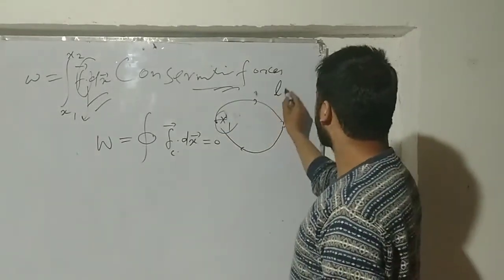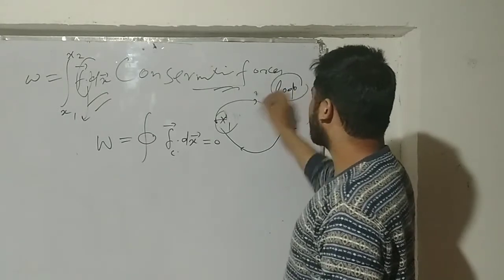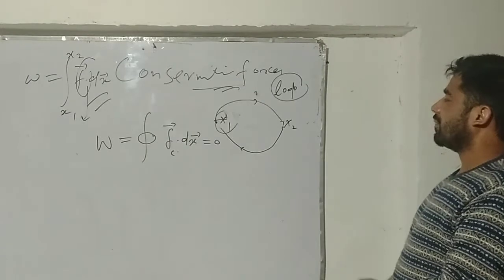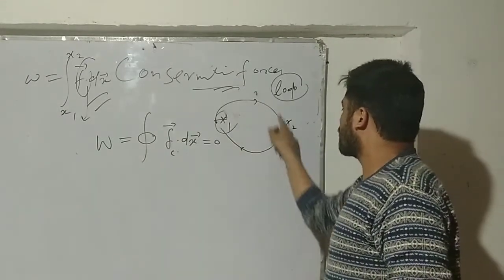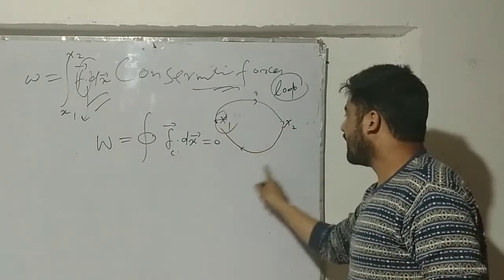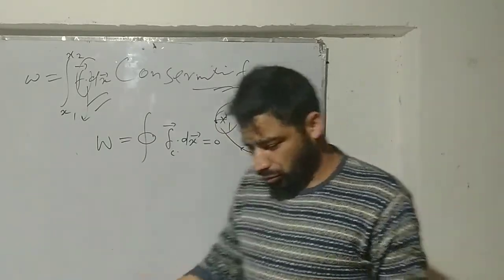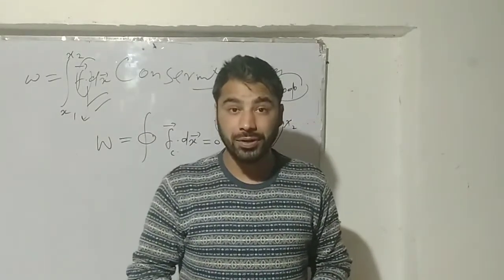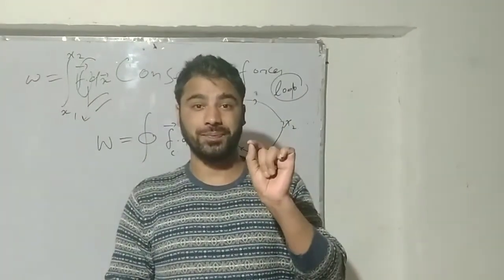Loop is something like a closed curve. Okay, here under this closed curve, I can say under this loop, for any closed curve between the two points, provided that my force is conservative, work done will always be 0.